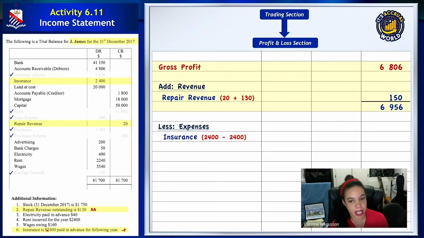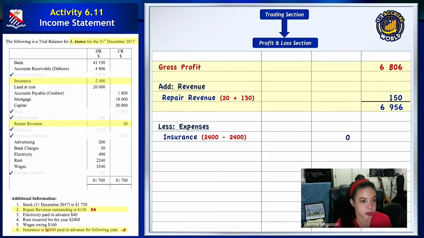So $2,400 minus $2,400 is 0. So we put that in the middle column. The reason why I put it even though it is 0 is because we still want to show how we got that there was no insurance. So still put it, show your working, and you can just put either a dash or 0 in the middle column.